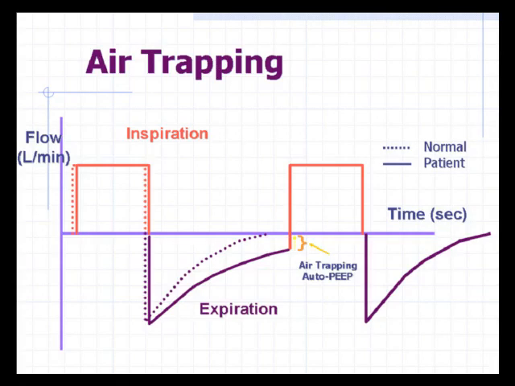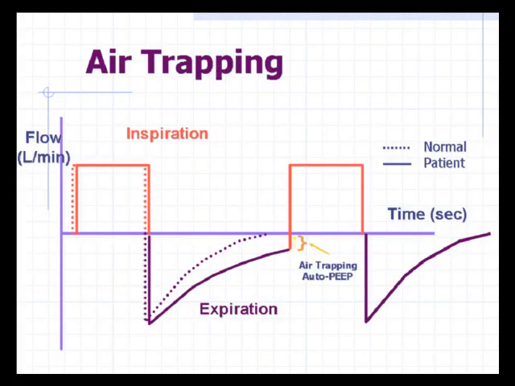All right, now look at the solid blue and solid red line. They get that same inspiration, and now they come down here to that solid blue line, and they're expiring, they're expiring, and you see they haven't hit zero yet, and the next breath comes. That means they still had air in their lungs, and then the ventilator breathes in again, and then they want to expire.